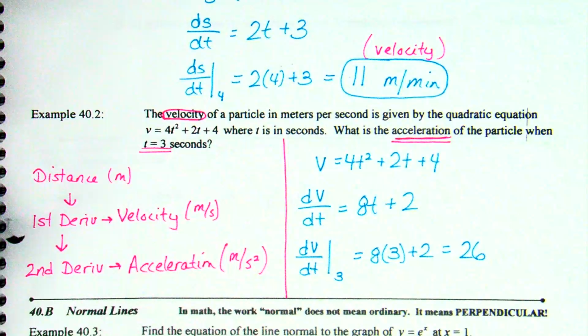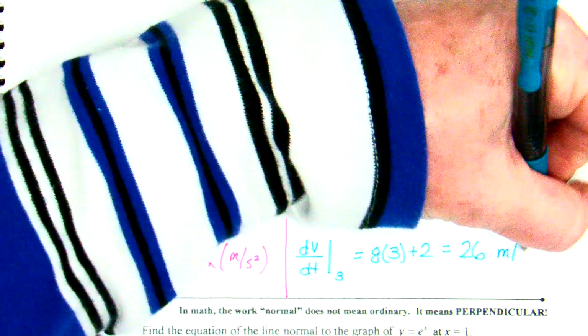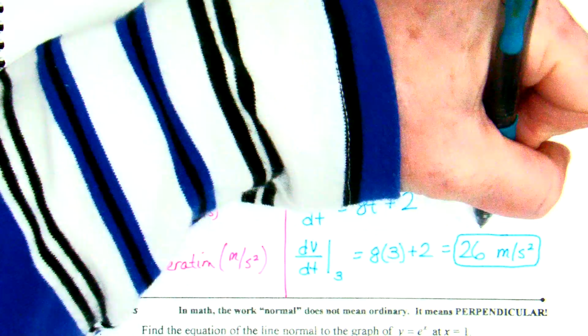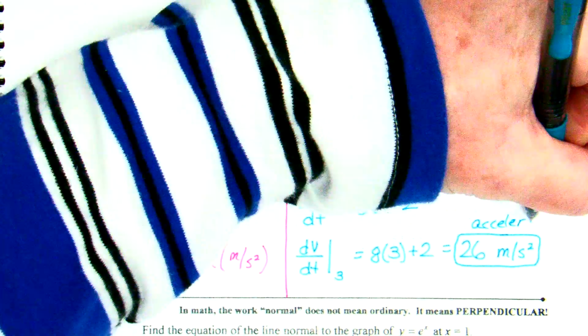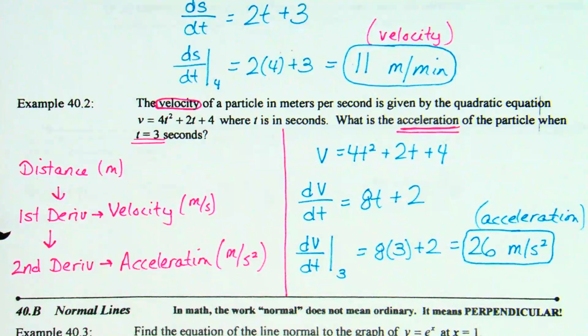We took the derivative of velocity, so we took the derivative of meters per second, which means it's now meters per second squared. And this is acceleration. That's not bad, is it? Again, memorize: distance, velocity, acceleration. They're each separated by a derivative.